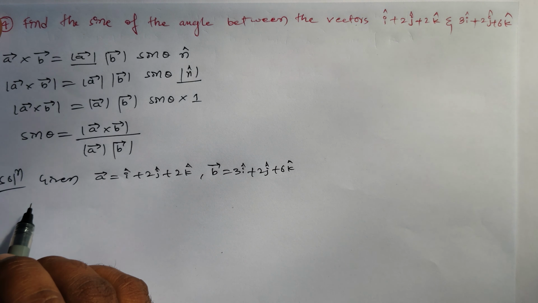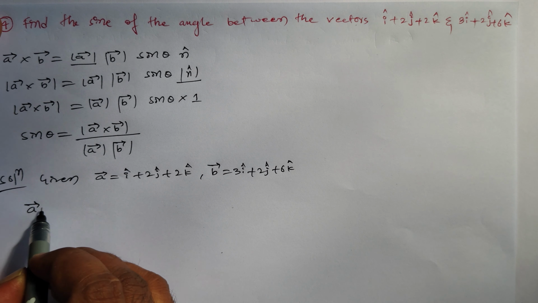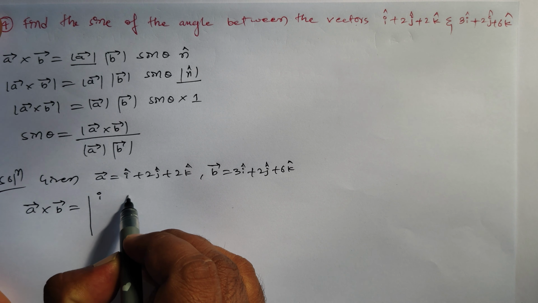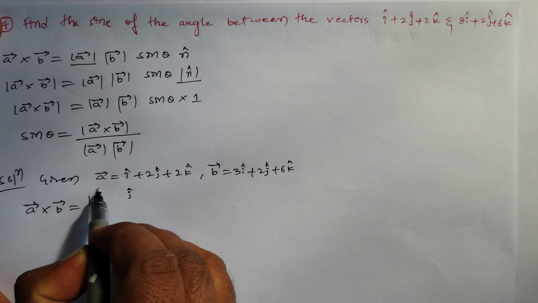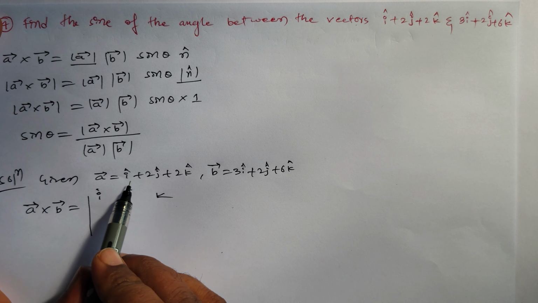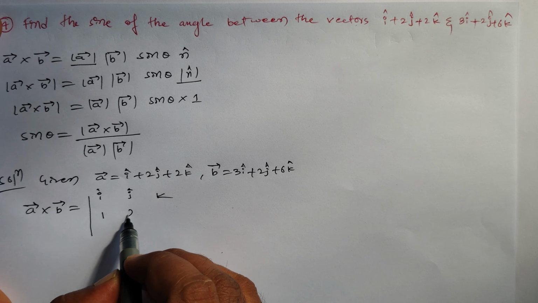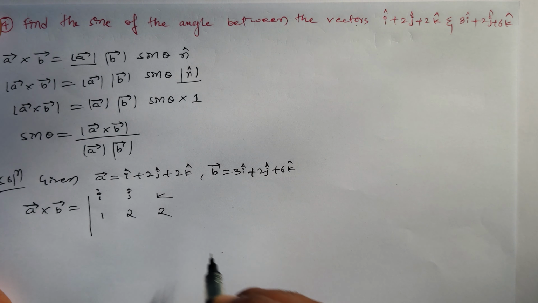After that, the magnitude. A cross B equal to A vector cross B vector equal to, okay, determinant of i, j, k. Write the coefficients, right? So i coefficient is 1, j coefficient is 2, k coefficient is 2.